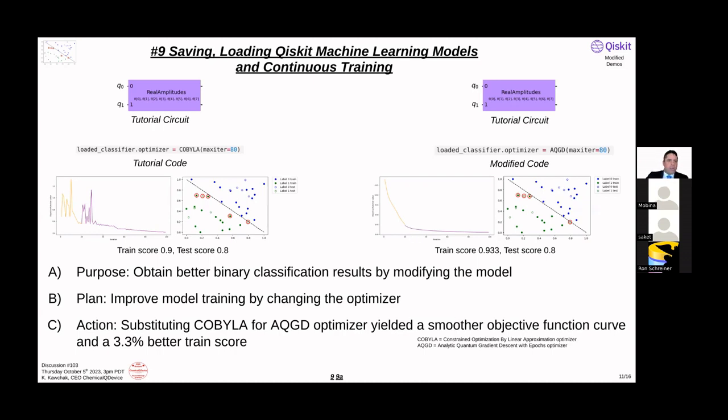But as you can see here, using COBYLA, which stands for Constraint Optimization by Linear Approximation Optimizer, this is how they call it, the objective function value goes down. So you can see with this, orange and then the purple, and then goes down like that. Now using this AQGD, it's a different one.